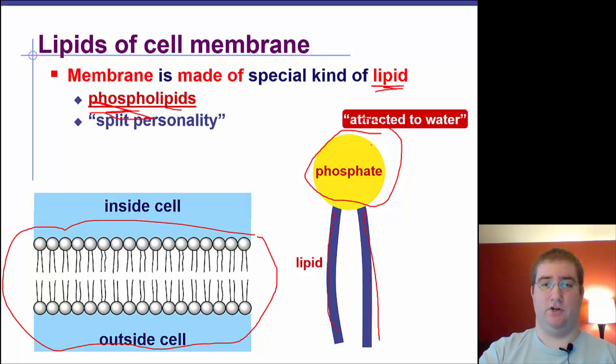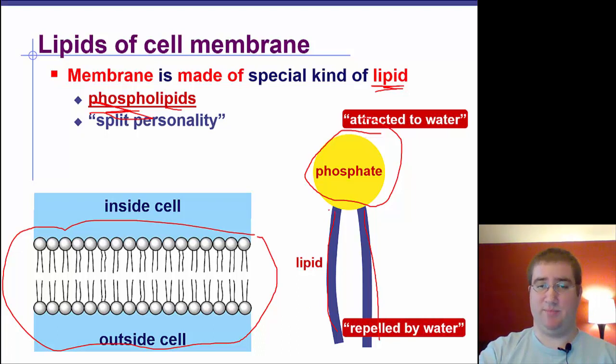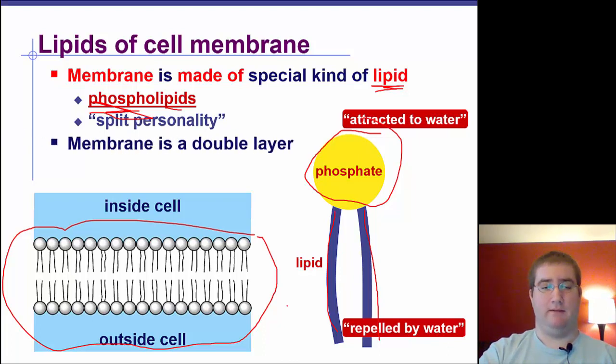The heads are charged, they're polar, so they're hydrophilic, they attract to water, while the tails, being lipid, are hydrophobic, nonpolar, so they are actually repelled by water. As I mentioned, the membrane is a double layer, and we can clearly see here that the heads like water, so they're going to stick on the outside of the sandwich.